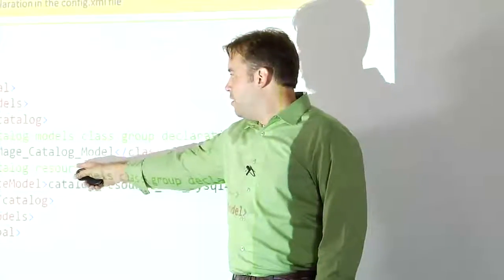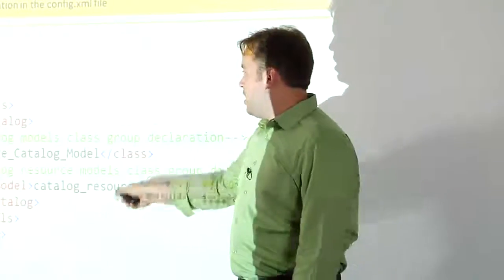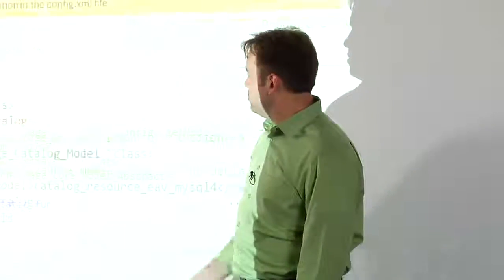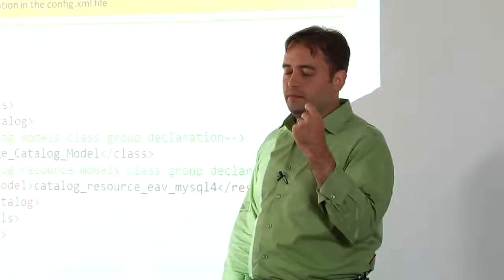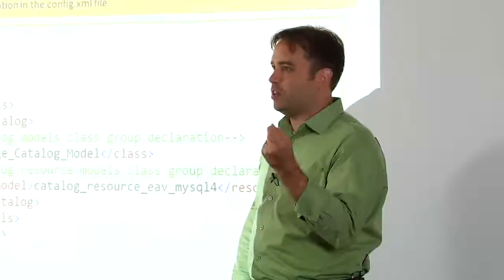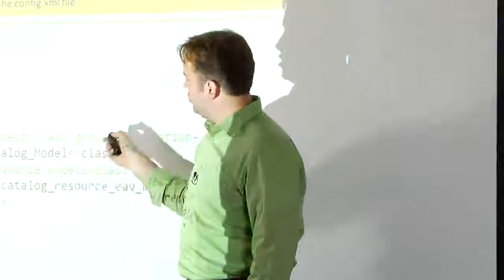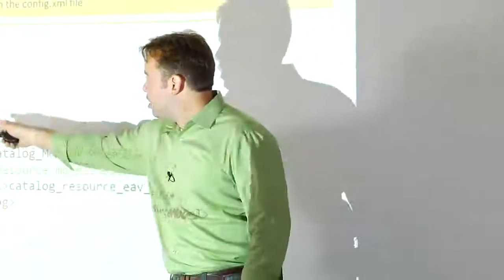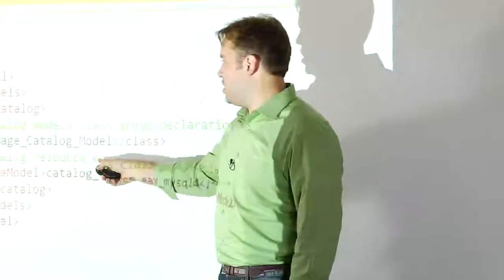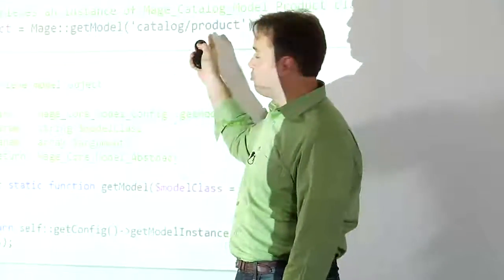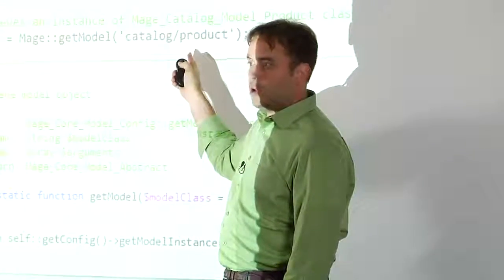So this becomes the first part of the class name. If I have product here, then the system is going to try and instantiate a class Mage_Catalog. It's going to match catalog under here and try and instantiate Mage_Catalog_Model_Product, with a capital P.